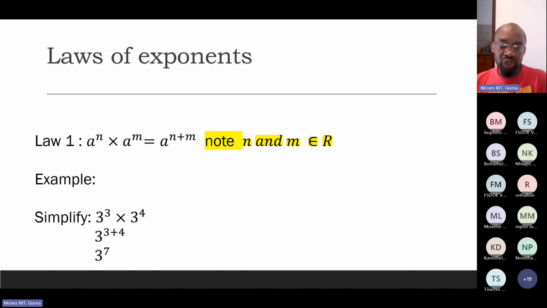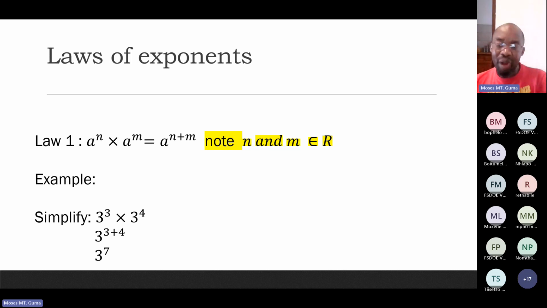If I say to you, simplify 3 to power 3 multiplied by 3 to power 4. Remember, I have just said to you, when we multiply powers with the same base, we add exponents. That means, because the base is 3 for both powers, it actually means 3 to power 3 plus 4. Simplifying, that would mean 3 to power 7.